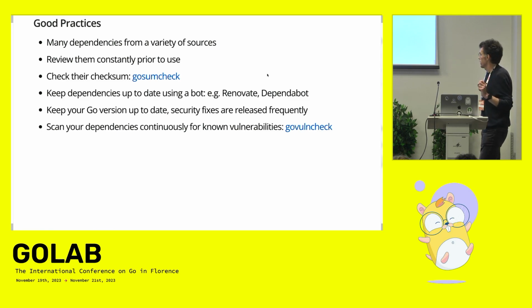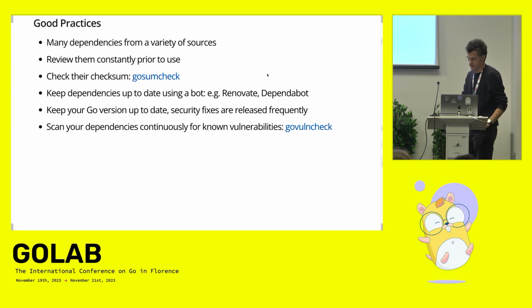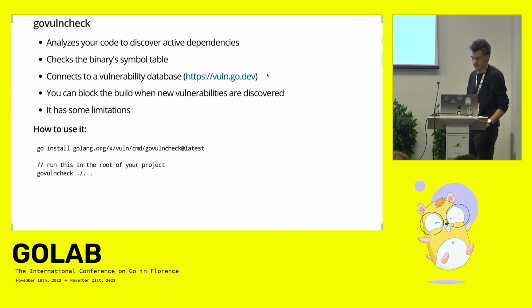And they also developed a great tool, govulncheck, which is really nice to use to scan your dependencies and discover issues. So you know which dependencies you need to update because of security issues. govulncheck is interesting because it also uses static code analysis techniques to really identify the dependencies you have in your code. So it's not blindly looking just at your Go module.